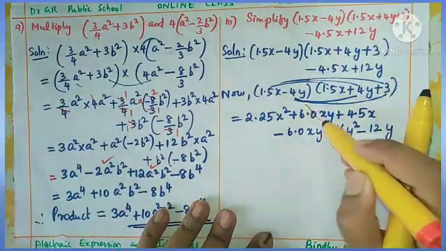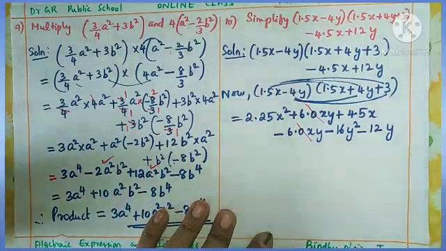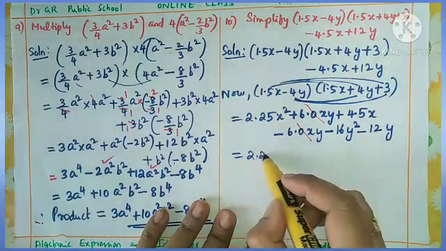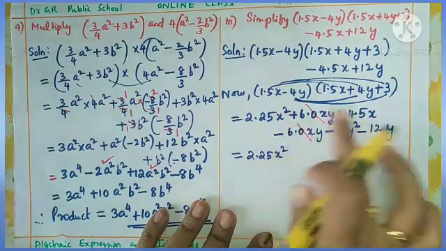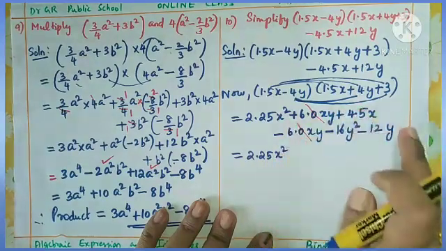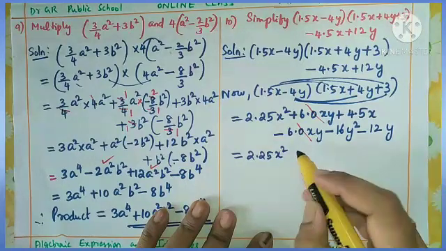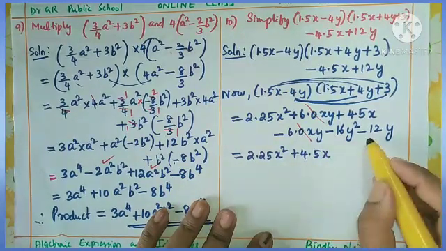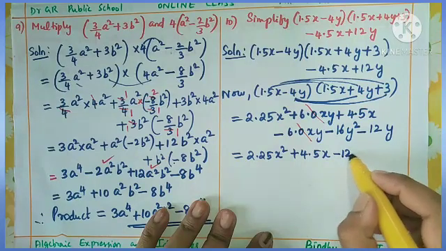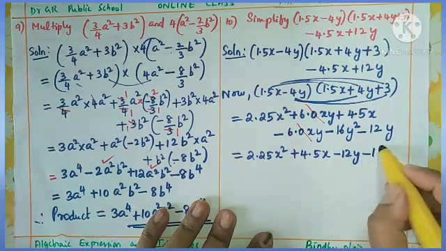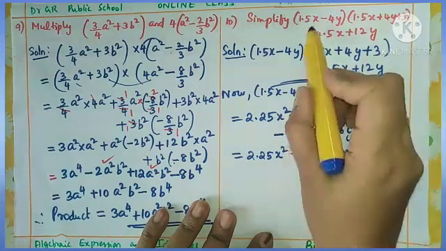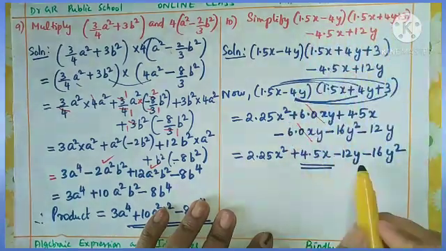So you can just cancel like this. It is 0. Okay. Now write the remaining: 2.25x square. No other x square here. Okay. So all other terms are alone. So plus 4.5x. Then minus 12y. And last one minus 16y square. Yes, so this is the answer of these first 2 brackets we simplified.